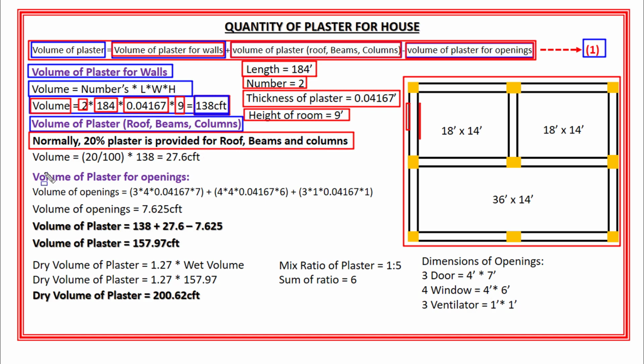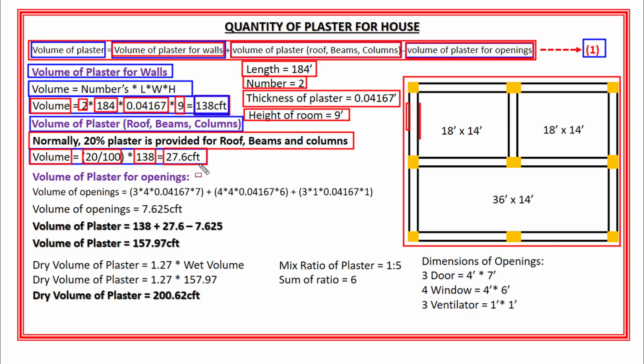Right? So the wet volume of plaster in roof, beams and columns is equal to 20 divided by 100 multiplied by 138, and the wet volume of plaster for roof, beams and columns will become 27.6 cubic feet.